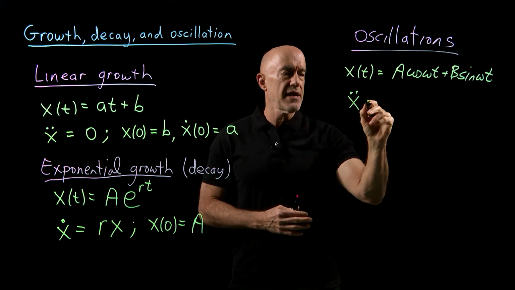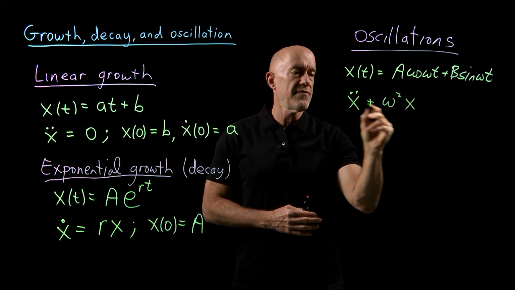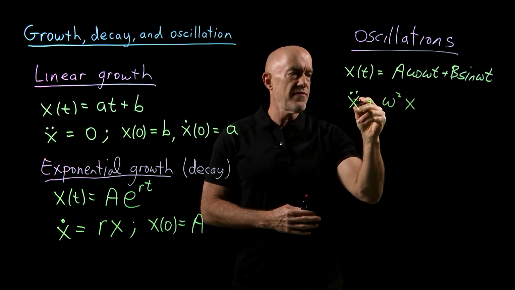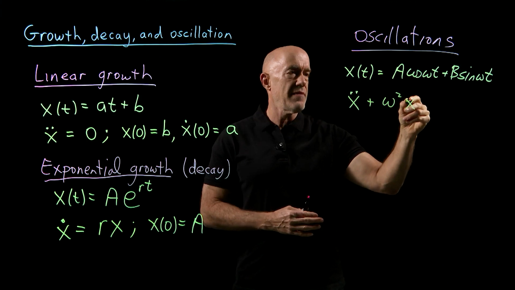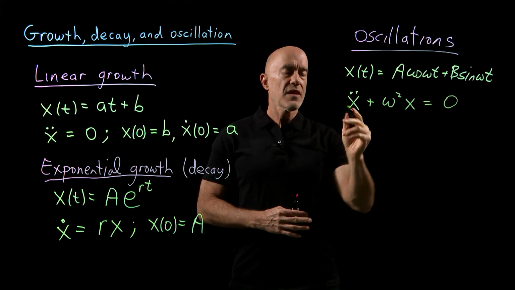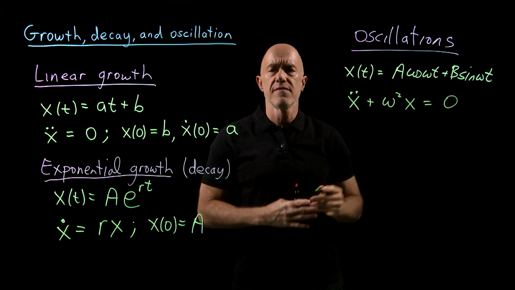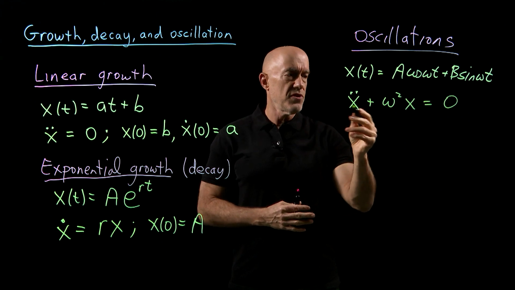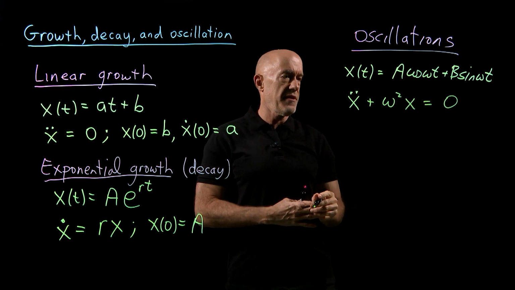So x double dot would be equal to the negative of omega squared times the function. So x double dot plus omega squared x gives us 0. And that's the prototypical equation for oscillations. We'll see that this is called a simple harmonic oscillator equation.